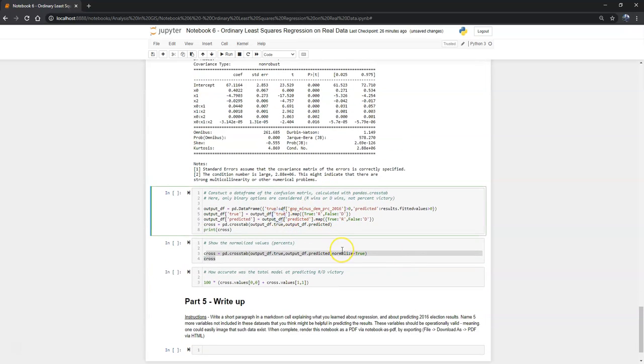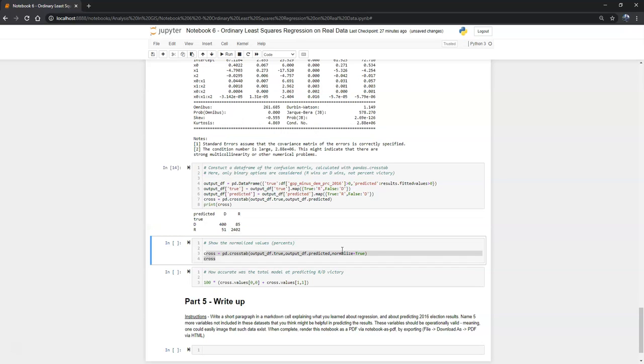And then finally, you're going to write a section here where you're running a contingency table or confusion matrix to try to see how well you did in predicting your results. So in this case, we are just doing a binary comparison here.